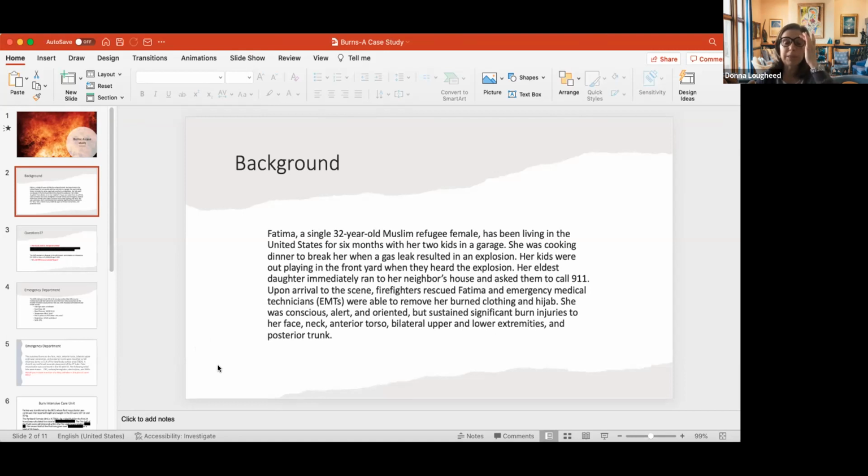Upon arrival to the scene, firefighters rescued Fatima and emergency technicians were able to remove her burned clothing. She was conscious, alert, and oriented, but sustained significant burn injuries to her face, neck, anterior torso, bilateral upper and lower extremities, and posterior trunk.